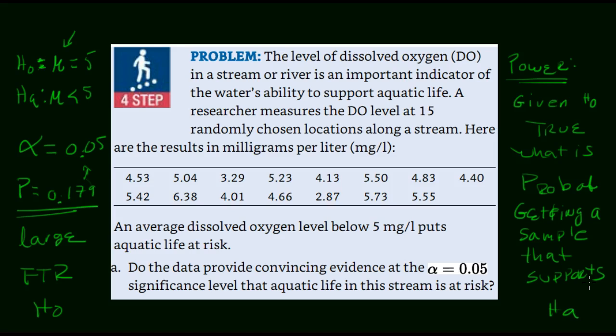So that's just a term to have in the back of your head: given that a particular null hypothesis is true, what is the probability of getting a sample that supports the alternate hypothesis, right?